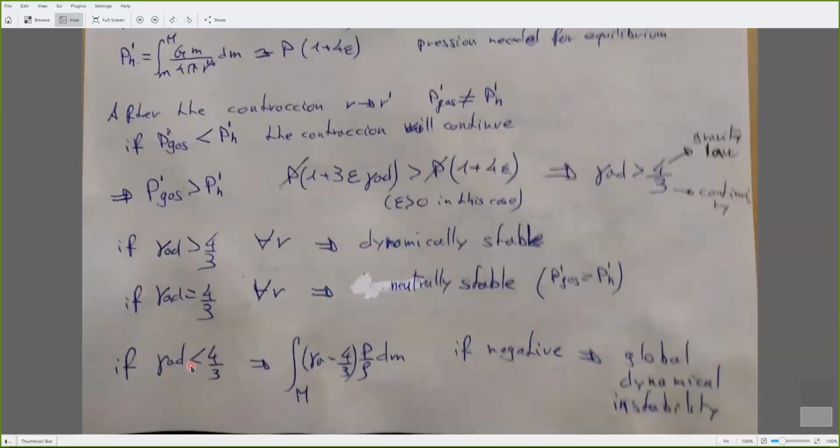But if the adiabatic coefficient is less than 4/3, then we have to check if this integral over all the star is negative; then we have a global dynamic instability. It's not important that in some part there is this violation of stability. It's needed that it is enough to cause serious instability of the star. But consider it everywhere.